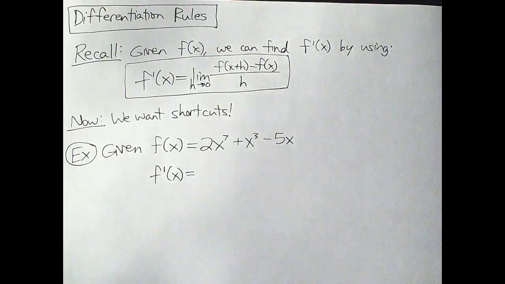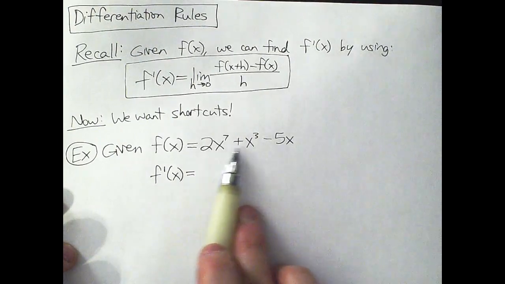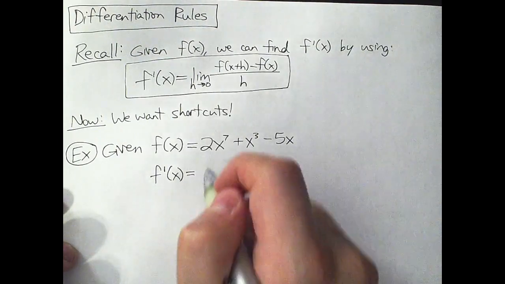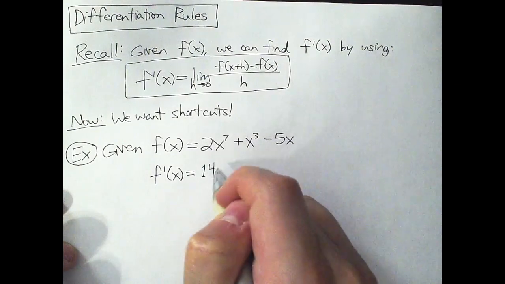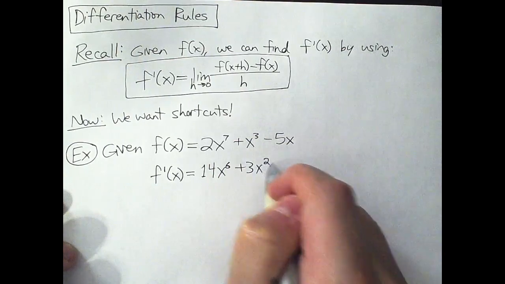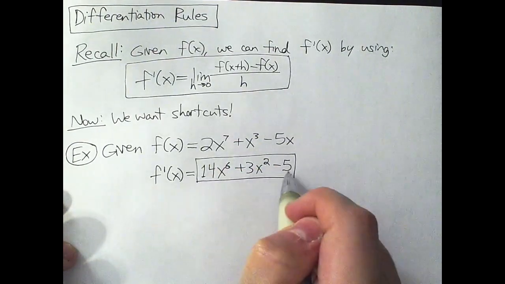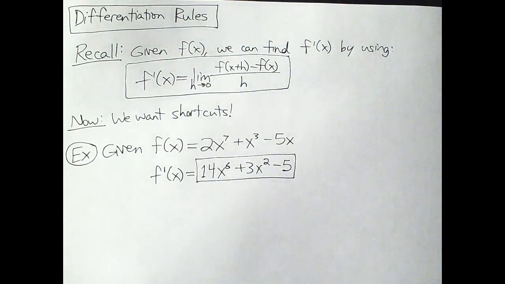Well, since this is a pre-recorded video, I don't have anyone else in the room here to ask. Let's pretend I asked someone, and the student should be able to look at this function, and just from shortcuts that they know, say 14x to the 6th plus 3x squared minus 5. That's the derivative. And we're going to learn these sorts of shortcuts. We'll derive most of them, and then a couple of them we might not derive, and we'll just say that they are derived in textbooks.